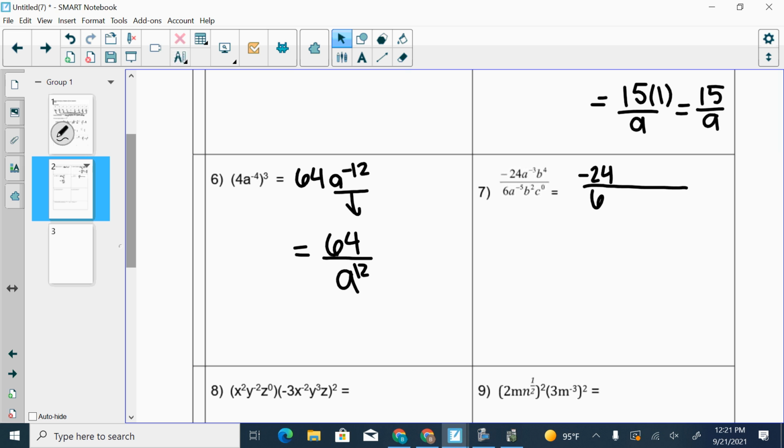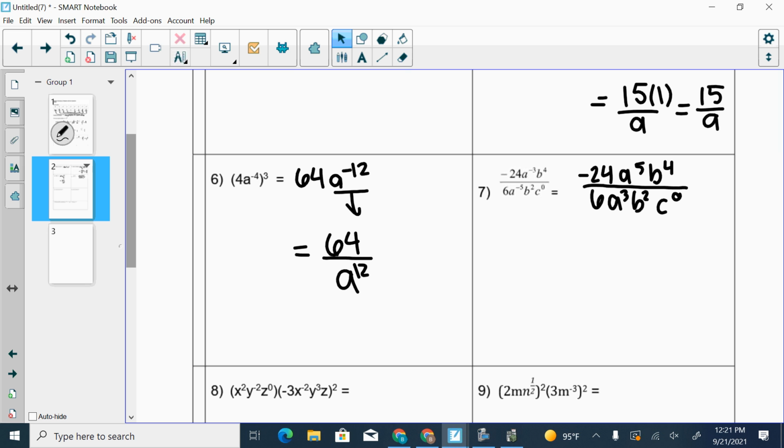Down. So I'm going to put a to the third down here. There was also an a to the negative 5 in the bottom. I should move it to the, very good. Okay. All right, b to the 4th. Do I need to move that one? Nope, it's good where it is. And then I got a b squared in the bottom. Do I need to move that one? Nope. And then we have a c to the 0.